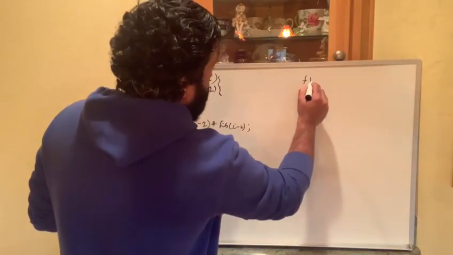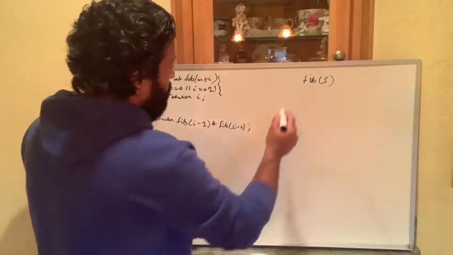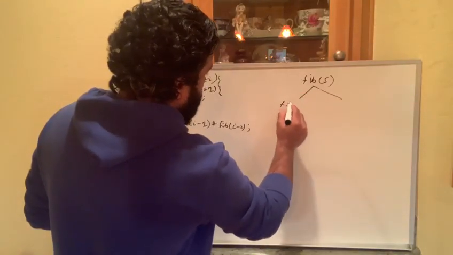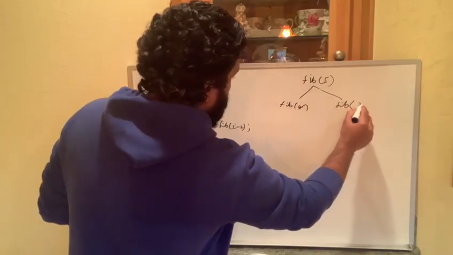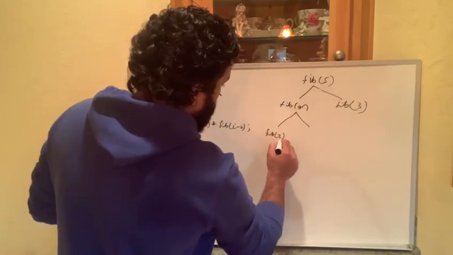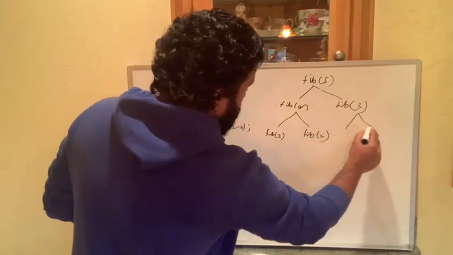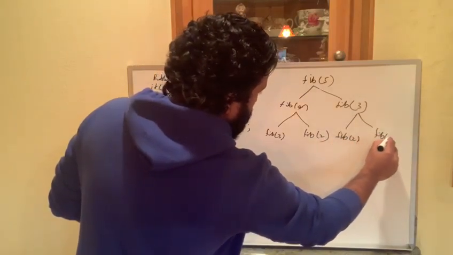So let's take an example of fib of 5. We want to generate the fifth Fibonacci number. So it's going to branch out to fib of 4 and fib of 3. This is going to branch out to fib of 3 and fib of 2. This is going to branch out to fib of 2 and fib of 1.